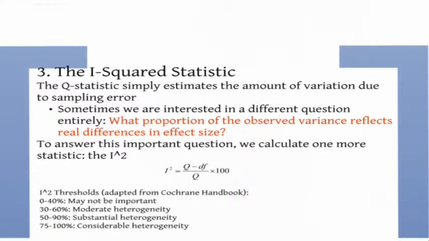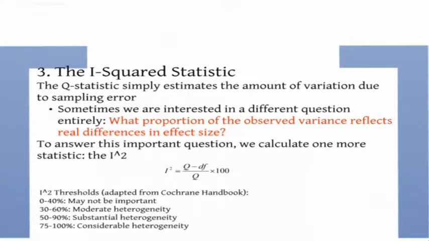So now we're looking at proportions, whereas the Q statistic just asked, are there differences among effect sizes? The I-squared says, what's the proportion of variance that's reflected in those differences?